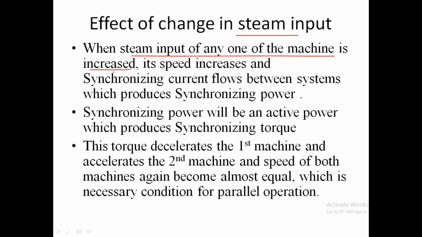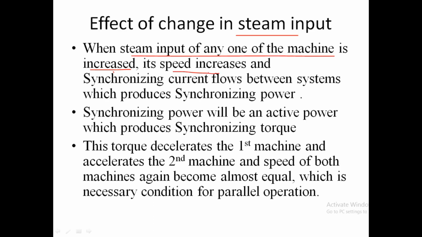When the mechanical input is increased, its speed increases. What was the change we made earlier? We gave more DC excitation, which means more current and more flux, and it changes the voltage. When steam input is increased, it changes the speed or frequency.